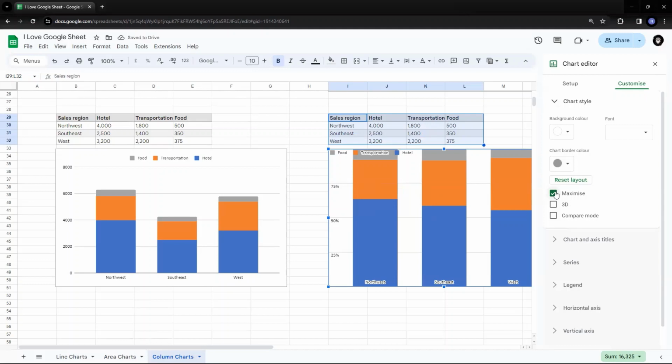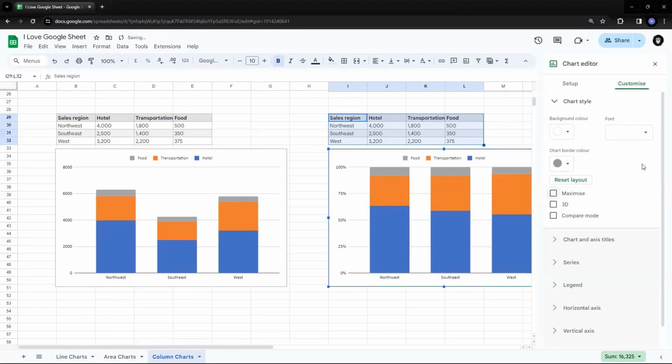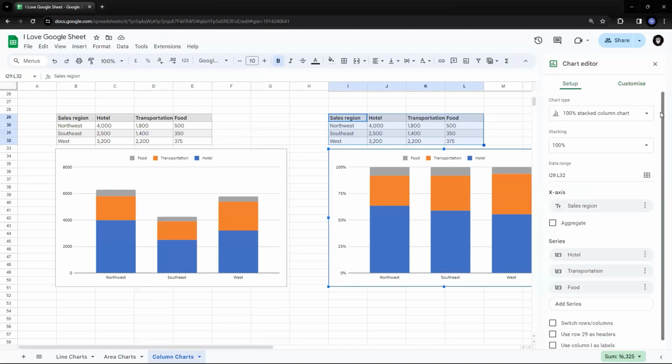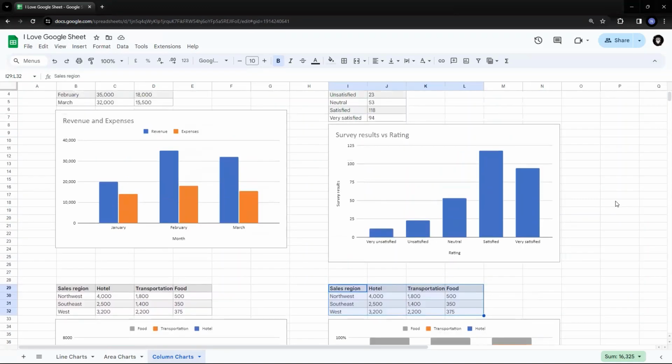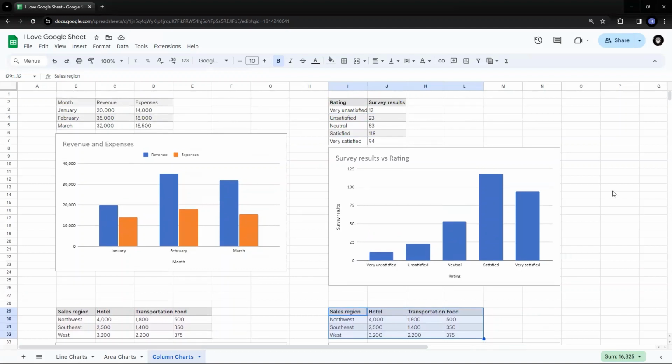If I want to maximize the image so that it occupies the entire chart area, but we will not do that. This looks good. So you can refer to my line chart section, for which I have given the link in the description, to edit or customize your charts further.